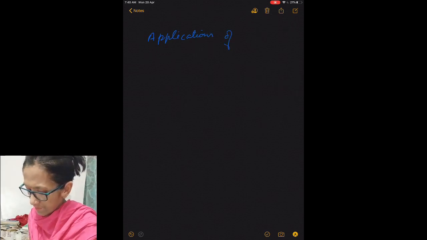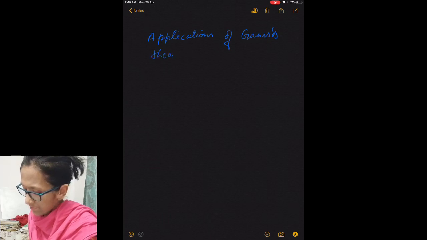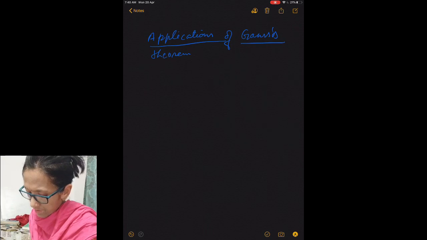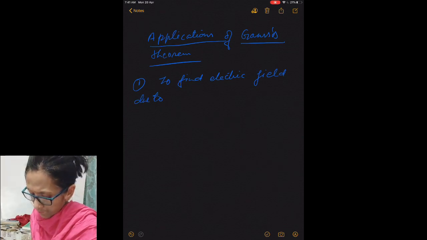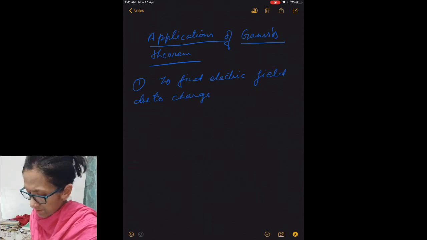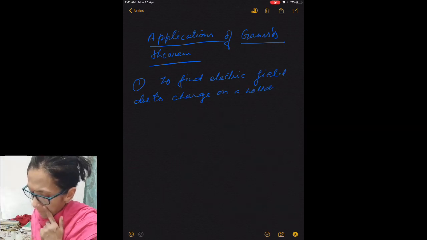Applications of Gauss's theorem. The first application I am taking is to find the electric field due to charge on a hollow sphere.